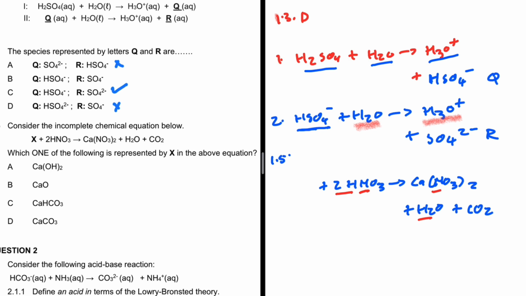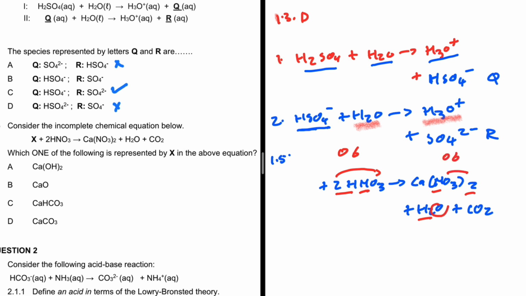We have N2. So there's no issues with regards to nitrogen. They are balanced. What we have on the left is what we have on the right. And then oxygen, we have 2 multiplied by O3. So this is O6 on the left. And then on the right hand side we have O3 multiplied by 2. This is O6.